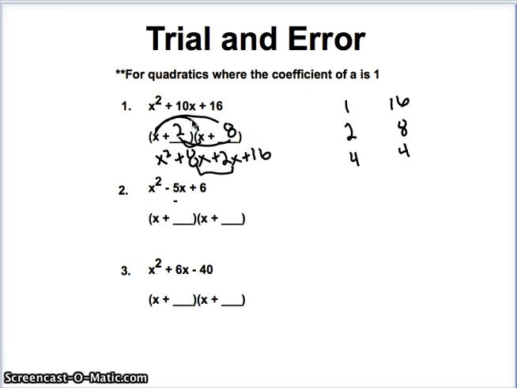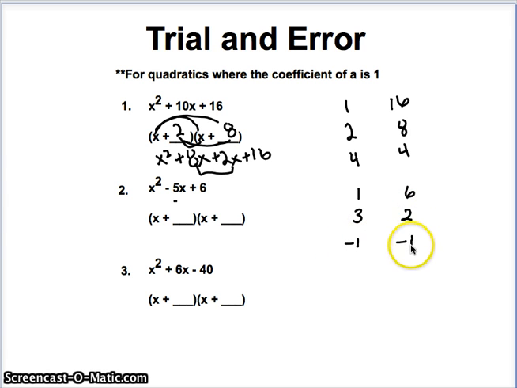Let's check out the second example. This example is a little bit tougher because I've got a negative sign in the mix. I'm now looking for two numbers that when multiplied together get 6 and when added together get negative 5. Let's look at my factors of 6. I've got 1 and 6, 3 and 2, and let's not forget about those negative numbers as well.